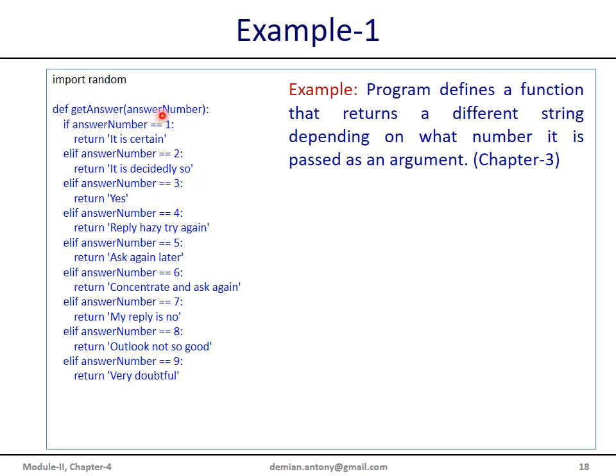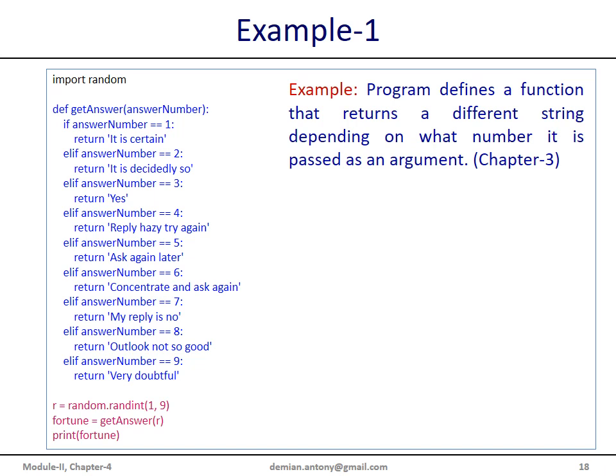This function takes the argument, and based on this argument, we return a message. And this was the main program. We use randint to generate the random number, and then we pass that random number to the function, and the function returns the appropriate message, and we print that.